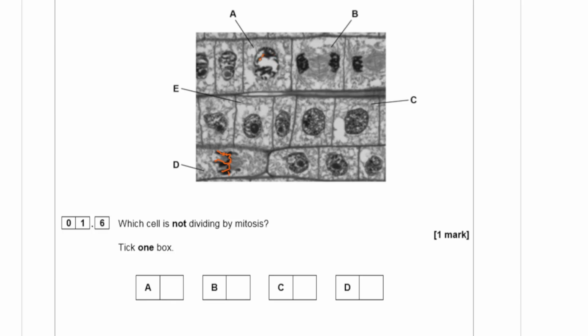Here the chromosomes are in different points. And this one also looks like you can see the nucleus really dark. That's actually right at the start of the cell division. Here in cell C, you don't actually see the chromosomes. So during normal cell growth or function, you won't see the chromosomes. So that is cell C.